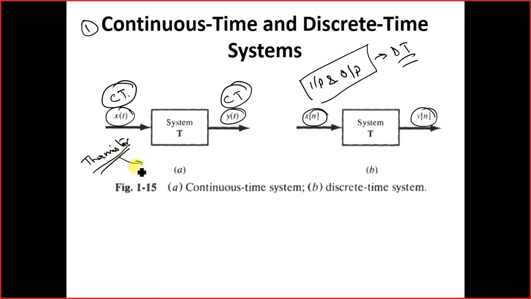And the output generated by the thermistor is continuous time in nature. Suppose we record the change in the voltage across the thermistor, or process it using an analog circuit, for example an inverting amplifier.